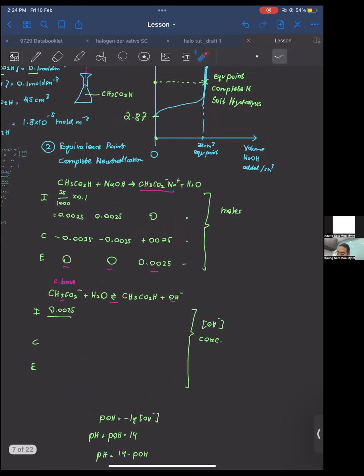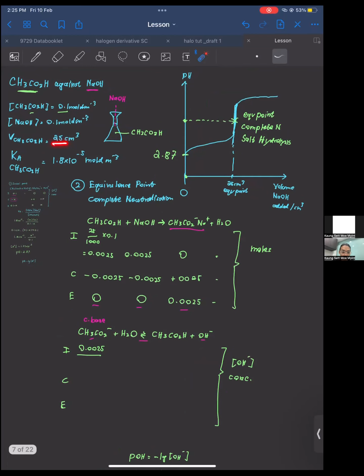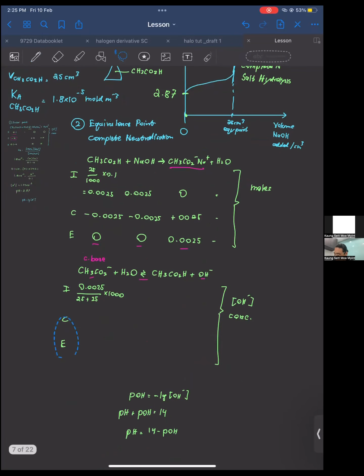Now, guys, please take note, the total volume is the total volume, meaning it consists of the base volume, which is 25, plus the original acid volume, which is also 25. So your total volume must be 25 plus 25. You convert it to dm cube, multiply by 1000, and this will give you your concentration, and that will be 0.05. So this is your ethanoate concentration.